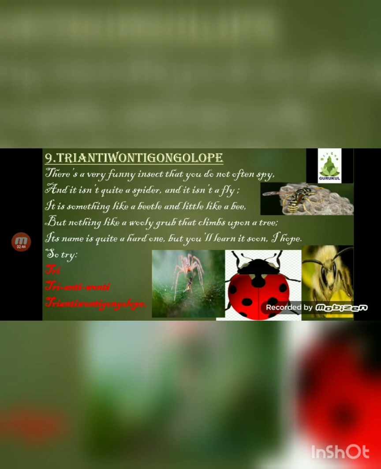We have the pictures of a spider and a fly. Now, it is something like a beetle and like a bee. We do have the pictures of a beetle, which is red and black, and a honeybee on top. So the poet is comparing the Triantiwontigongolope with a beetle and a bee.